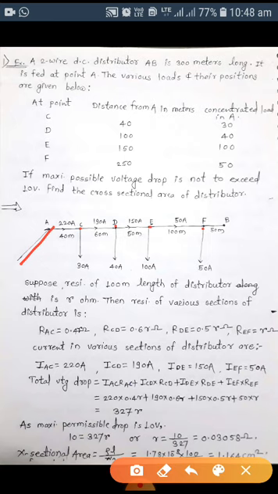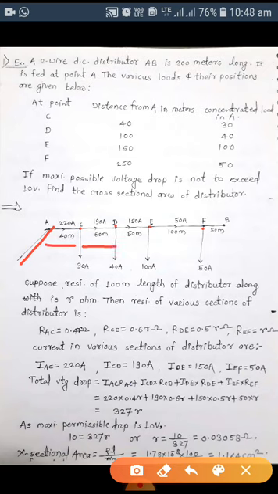Now we have to represent the distances from the feeding point. The point C is at a distance of 40 meter, that is given in the table. Now to represent the point D, the distance is given as 100 meter from the feeding point, but already we have 40 meter up to point C, therefore 100 minus 40, that distance will be 60 meter.